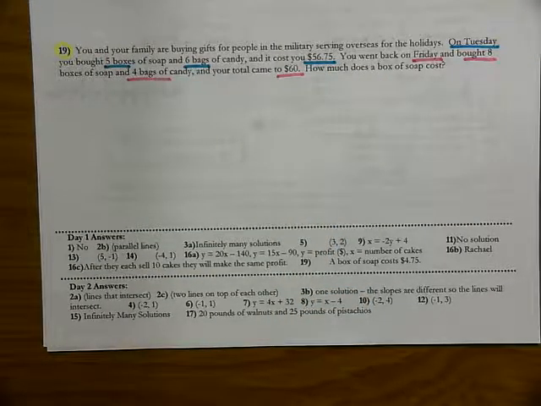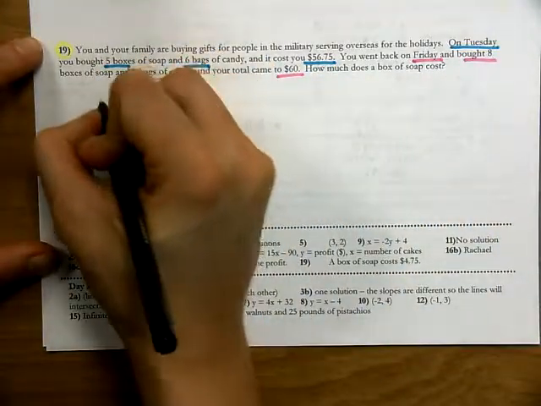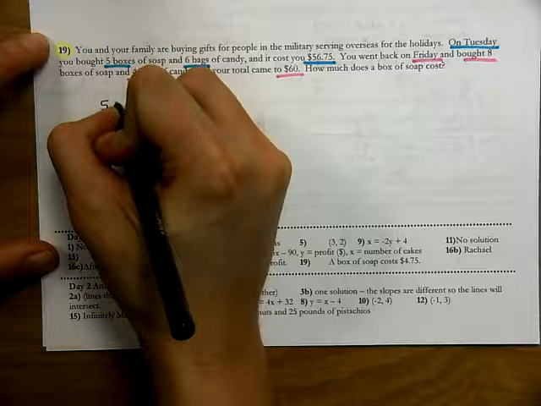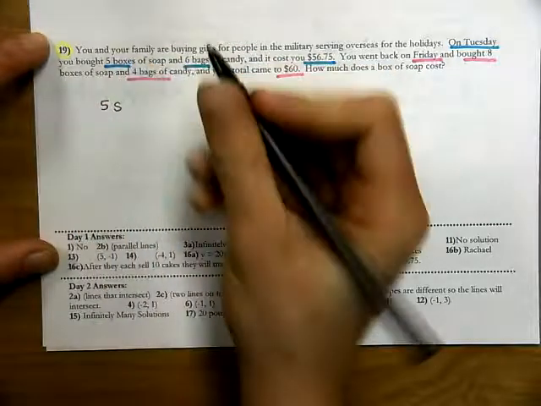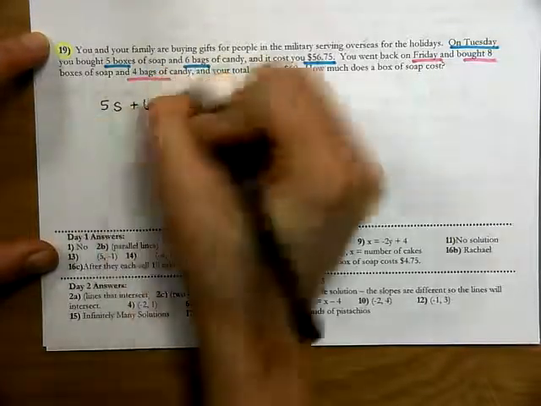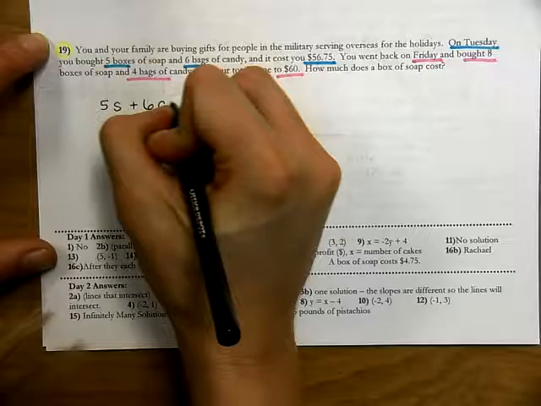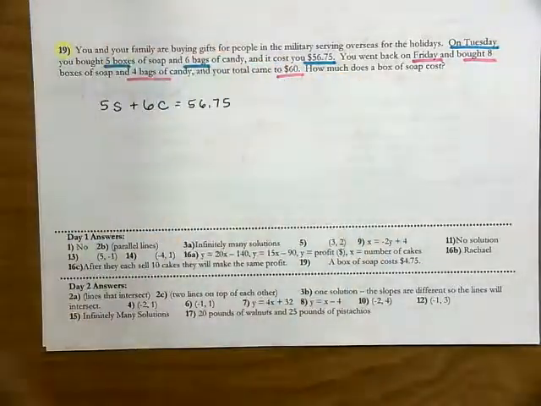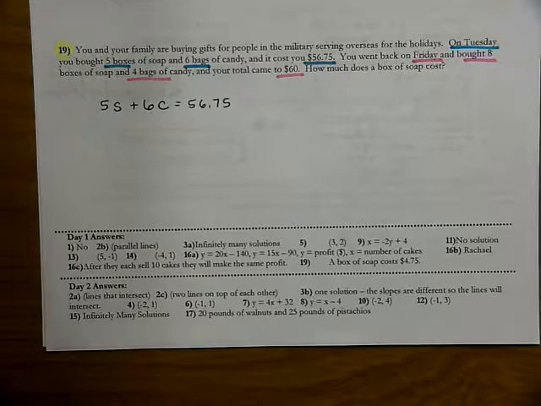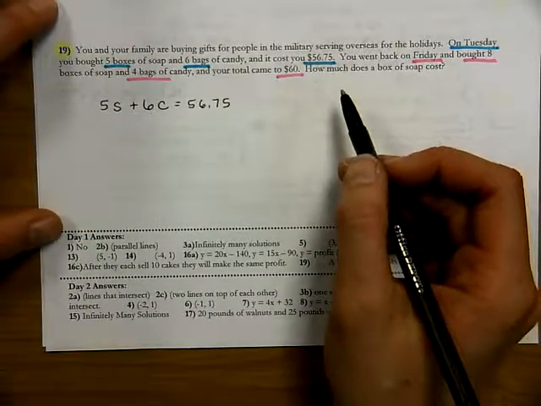Well, the question is going to help us write the equation because that's going to be part of what our variables are. When I look at Tuesday, an equation for Tuesday would be that 5 boxes of soap, so I'll say 5S plus 6 bags of candy, 6C, will be equal to $56.75. And then I can do something similar for Friday.